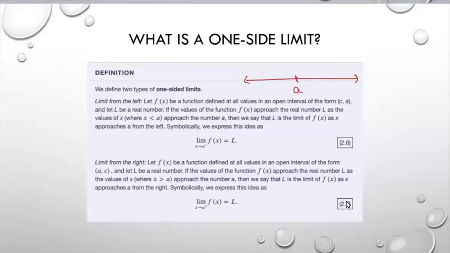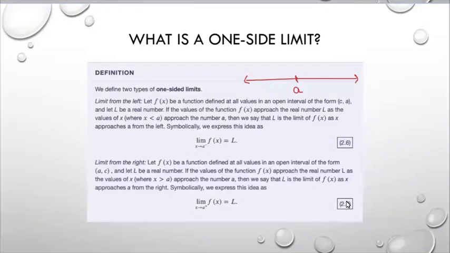What we are trying to do is approach x equals a from the left. You see this minus sign as an exponent for a. This means that we are approaching a from the left.